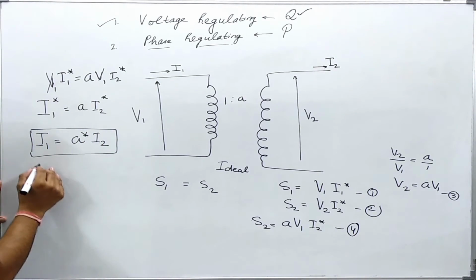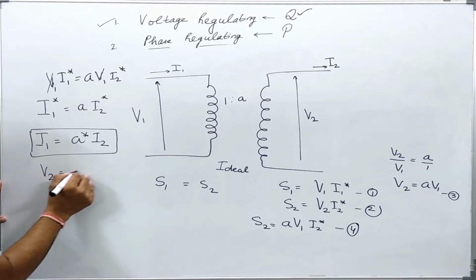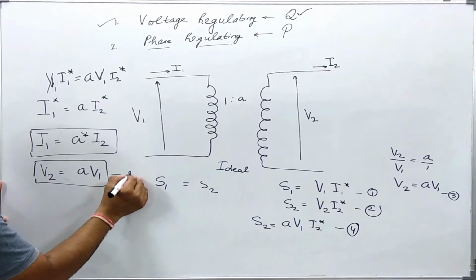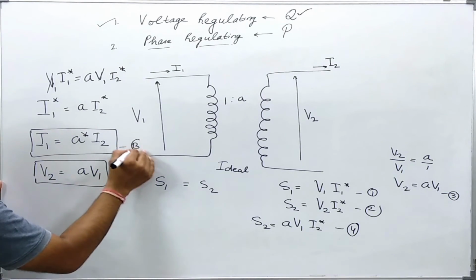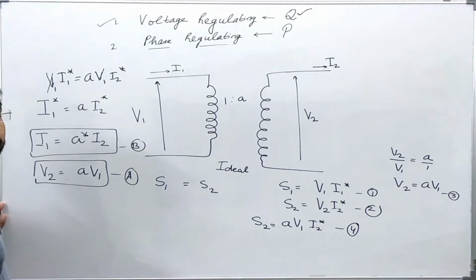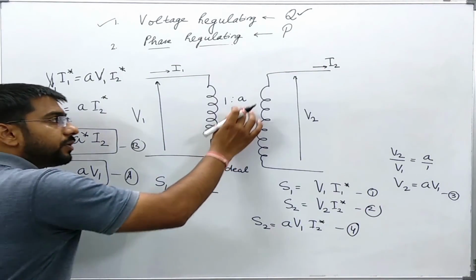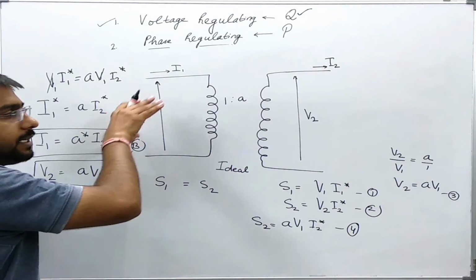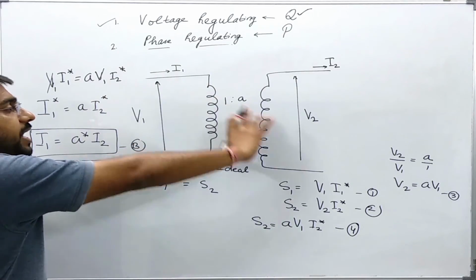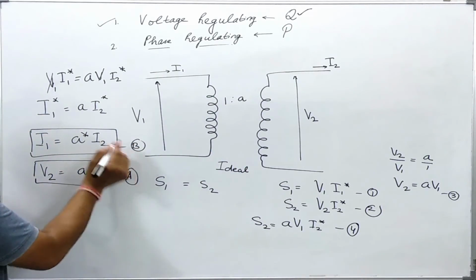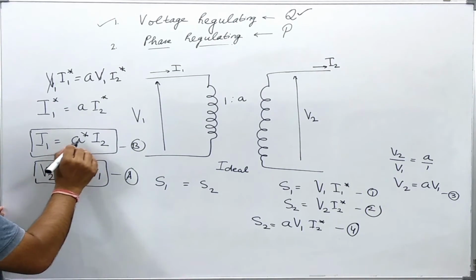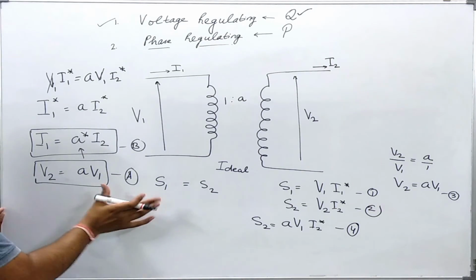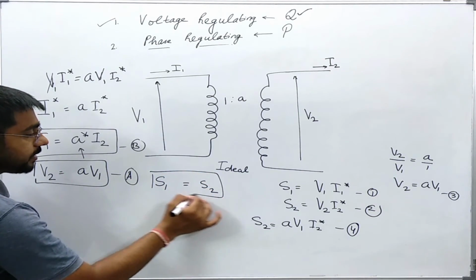So these are the two equations. V2 is equal to A V1. This is equation A and this is equation B, where I1 is equal to A conjugate I2. So when the transformer ratio is taken as complex, to solve mathematical equations consisting of both the phase difference and the magnitude difference, we have to take I1 as A conjugate I2 and V2 as A V1, so that this relation is satisfied.